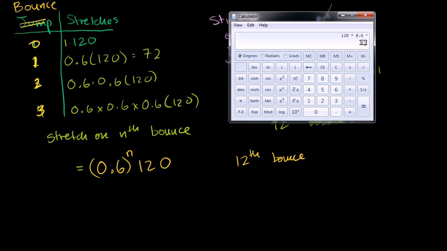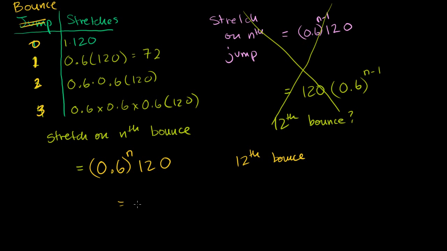And it hopefully will get order of operations right, because exponents take precedence over multiplication. So it'll just take the 0.6 to the 12th power only. And so this is equal to 0.26 feet. So after your 12th bounce, she's going to be barely moving. She's going to be moving about 3 inches on that 12th bounce.